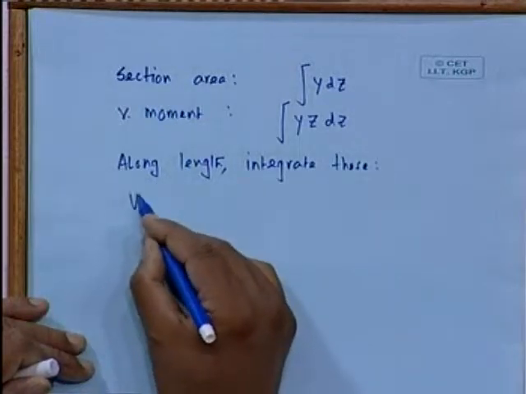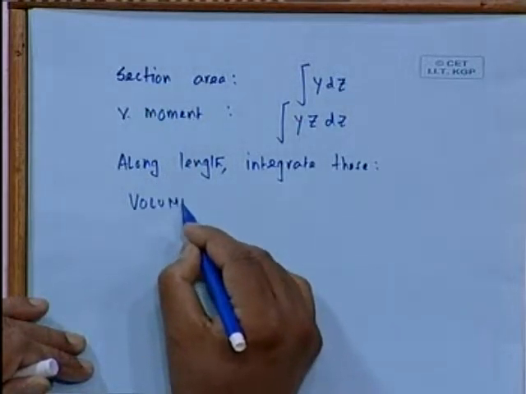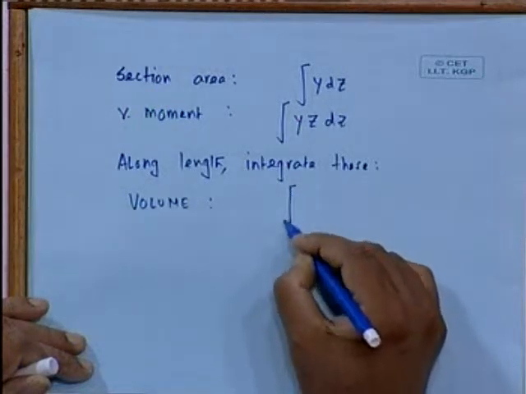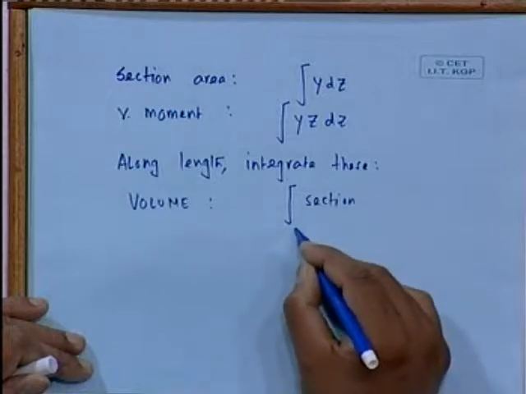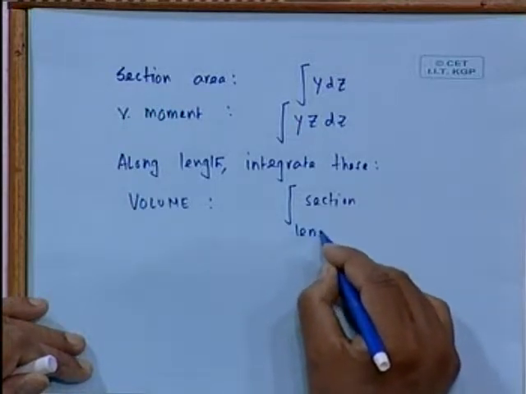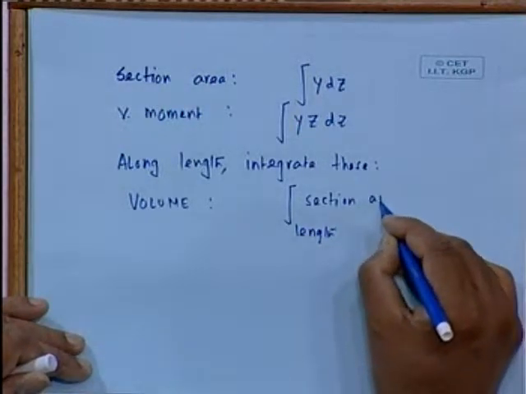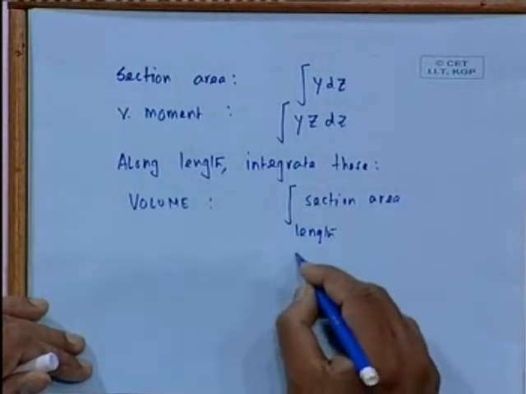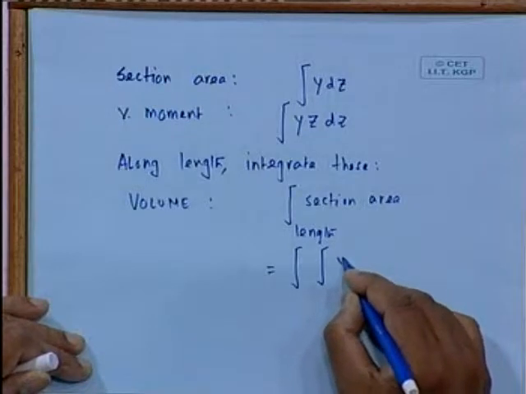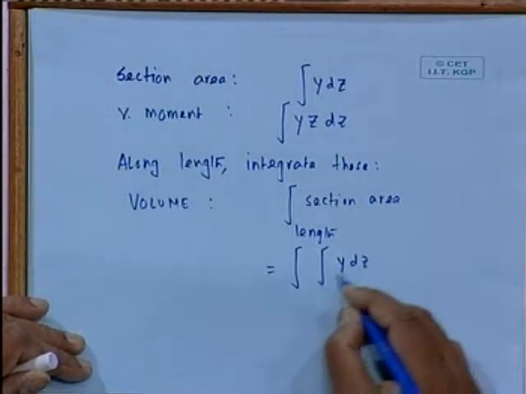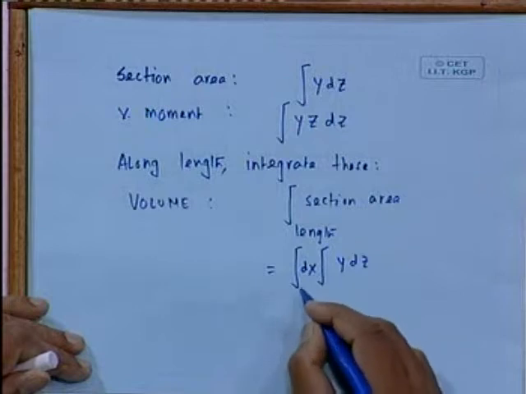Then you get volume as integration of section areas along length. This basically means integration of y dz over dx.